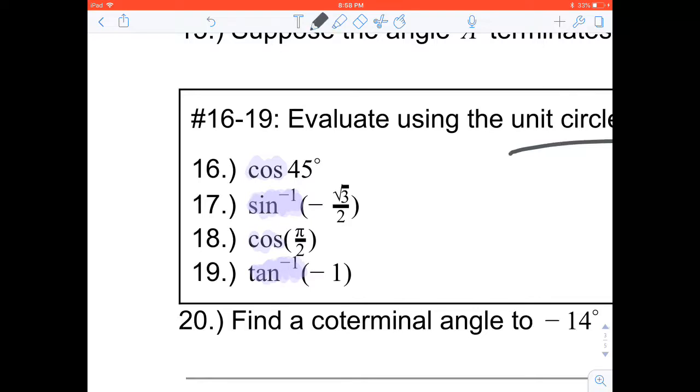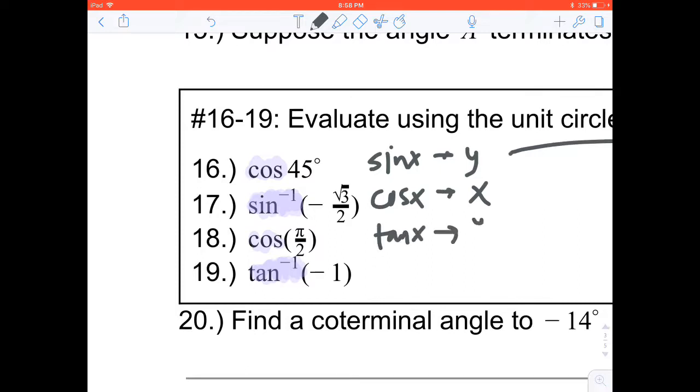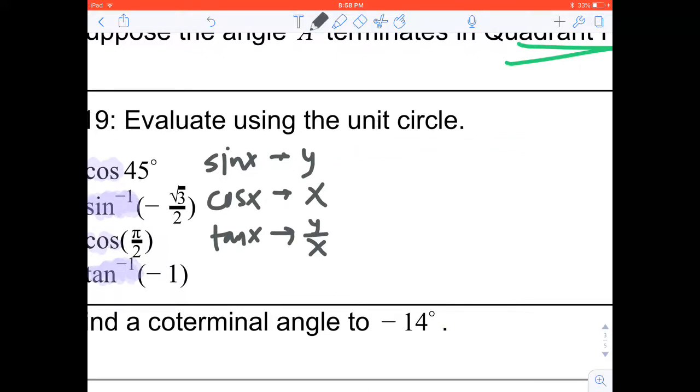So remember, for regular trig functions, to find sine of any value, on the unit circle, that's the y value. To find cosine of any value, on the unit circle, it's the x value. To find tangent, it's y over x. And then we have its reciprocal.